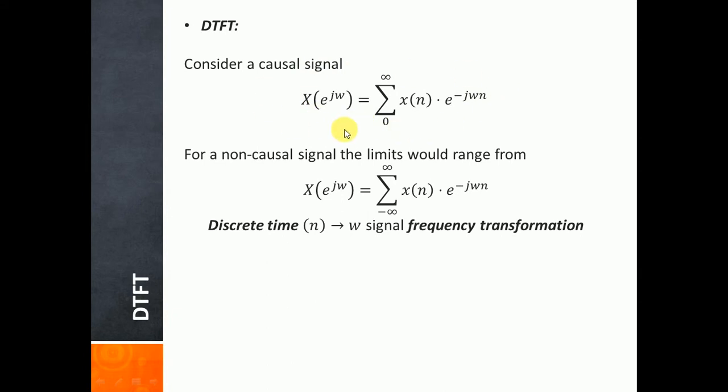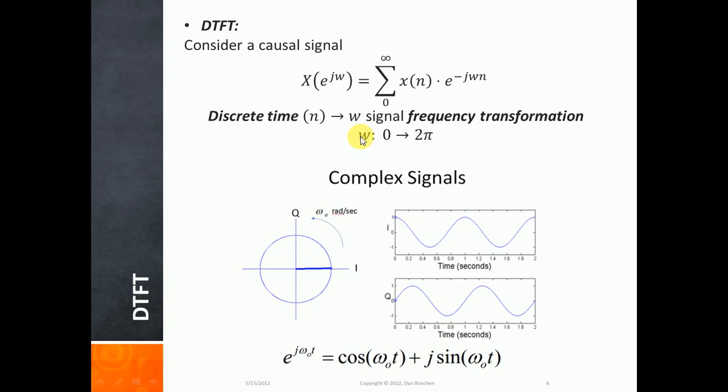So what we're really doing, and this is important to understand, is converting a discrete time signal n into omega, which is in the frequency domain. Now omega is the angular frequency. So omega ranges from 0 to 2 pi. It is defined very similar to the Z transform.